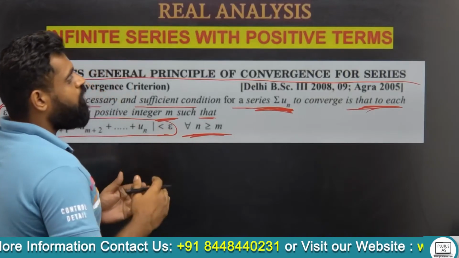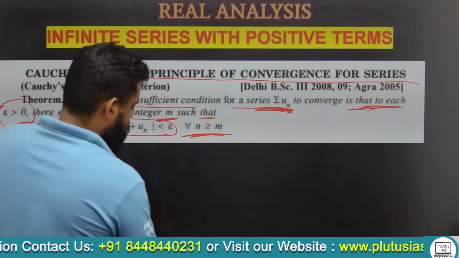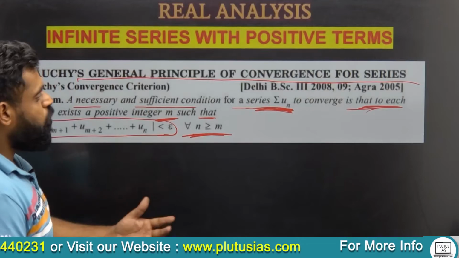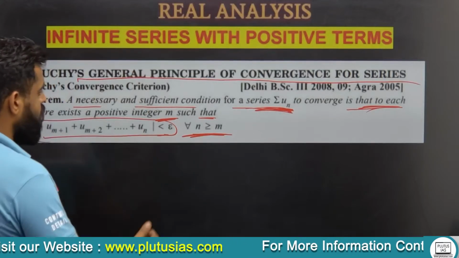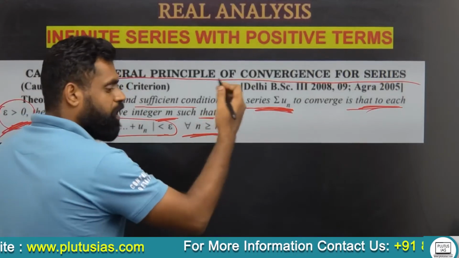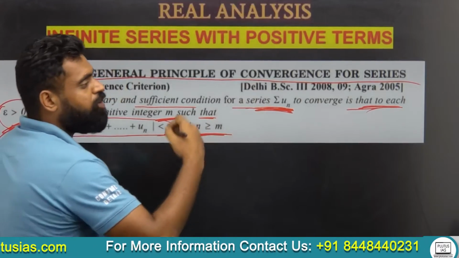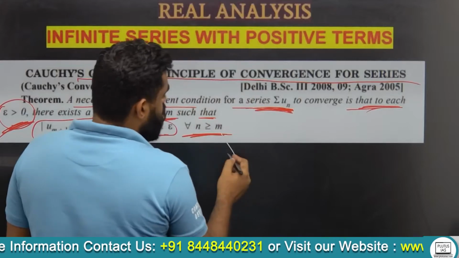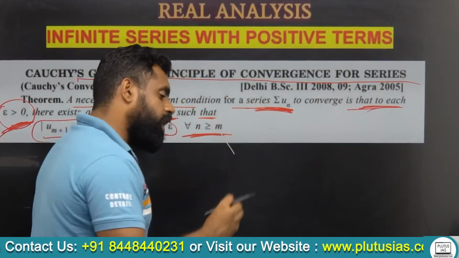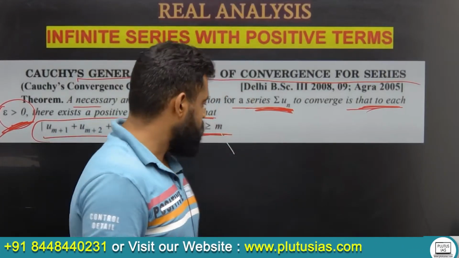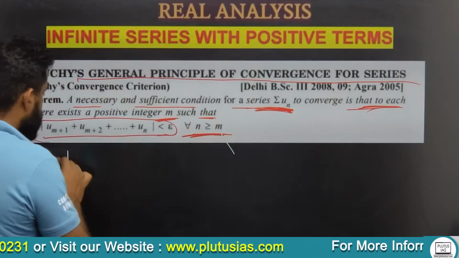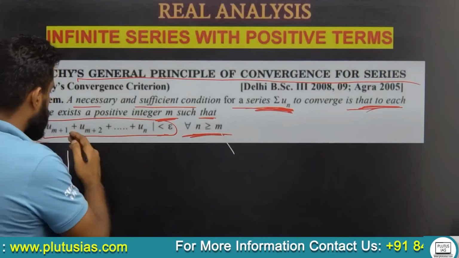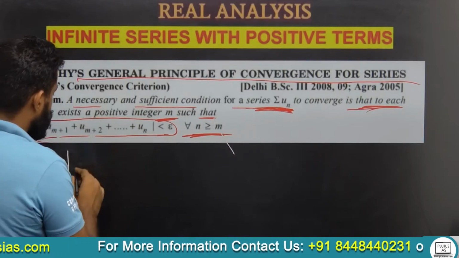We say a series converges if after a specific term m, this m could be 1, 5, or 6.